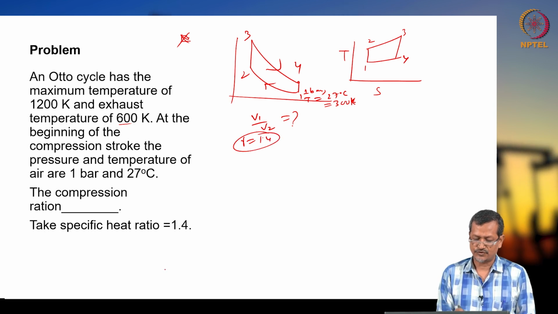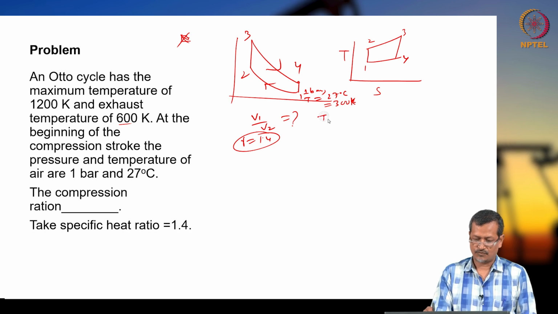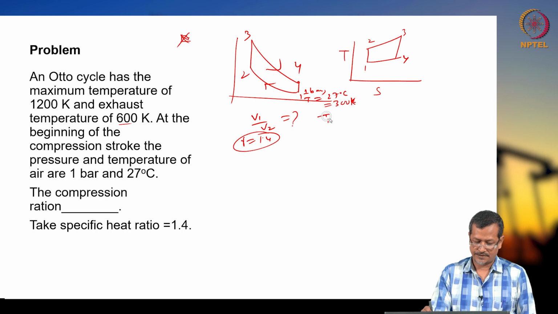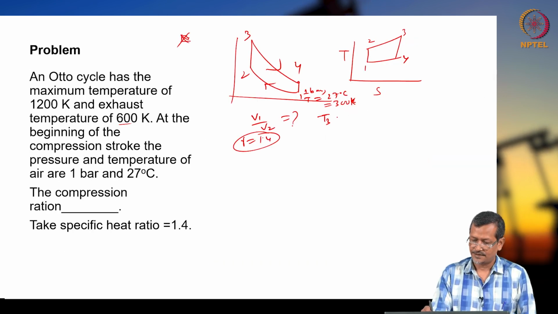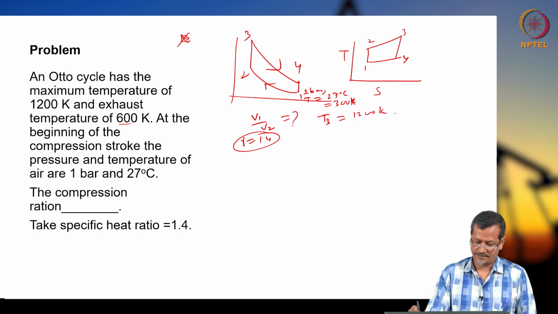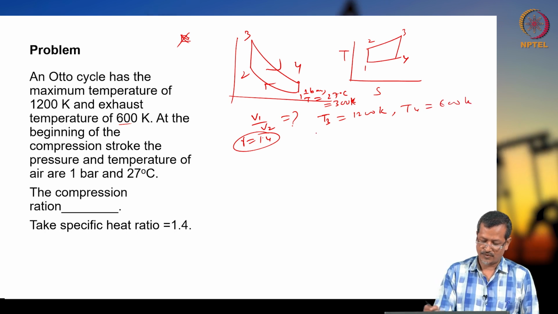If it is not given, you should assume this value. T3 is given as 1200 K, T4 is given as 600 K, P1 is given.